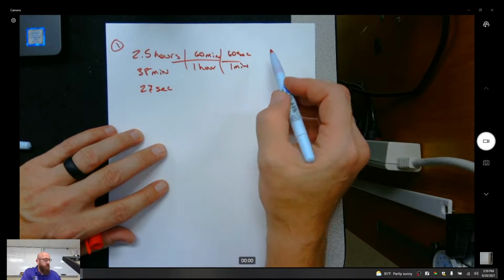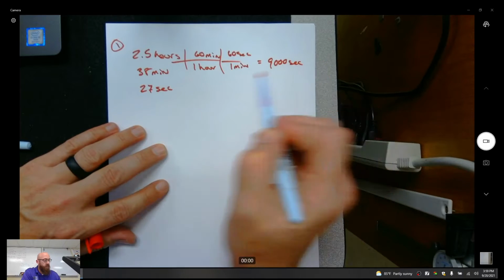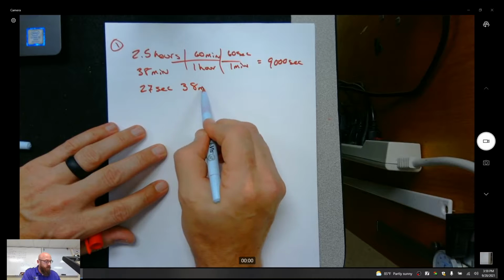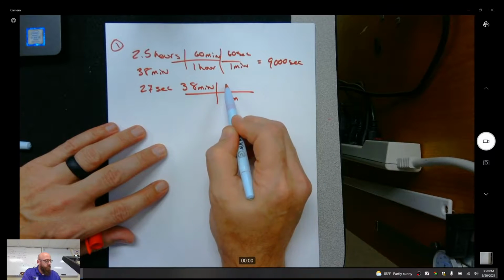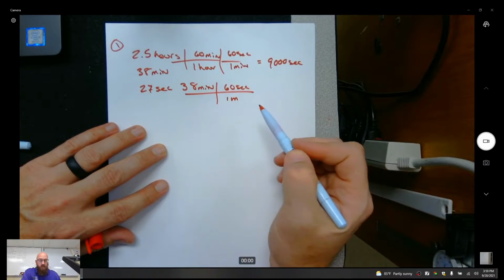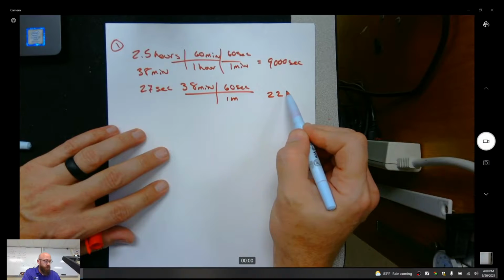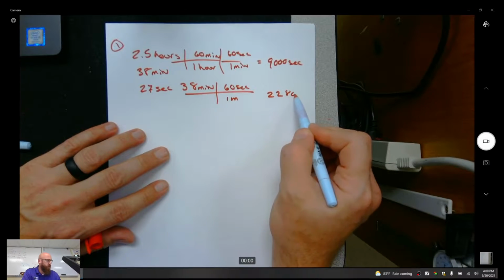2.5 times 60 times 60 roughly comes out to 9,000 seconds. The same with minutes. You have 38 minutes times 60 seconds per minute.